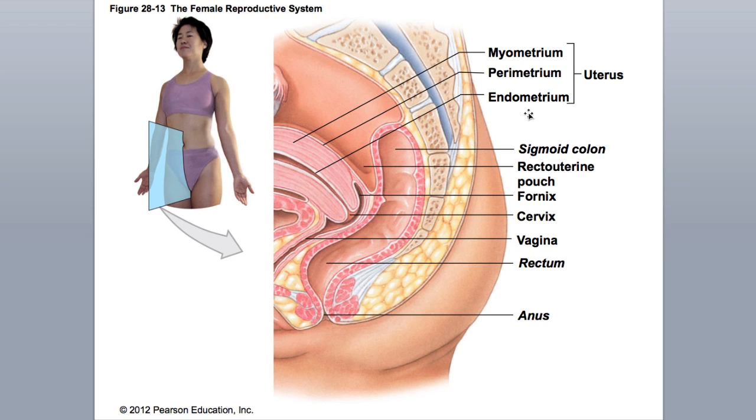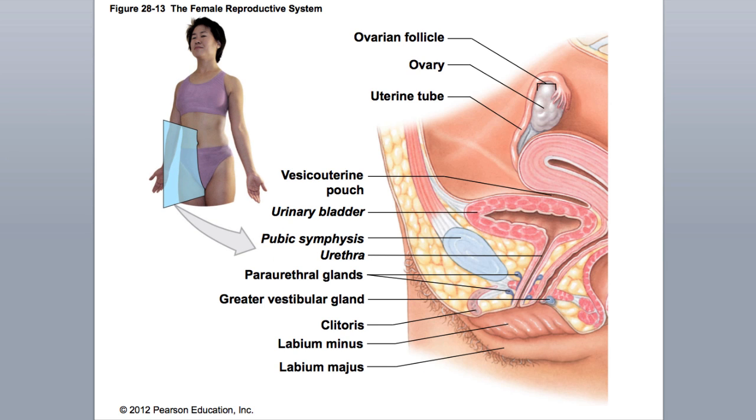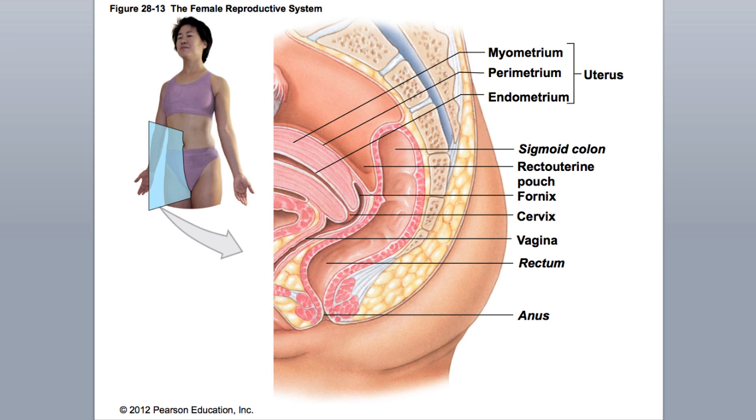So when the embryo comes in, it burrows its way into the endometrium. And it's within that endometrial lining that is going to form the placenta. So again, make sure you're clear on this picture and that picture for lab purposes.